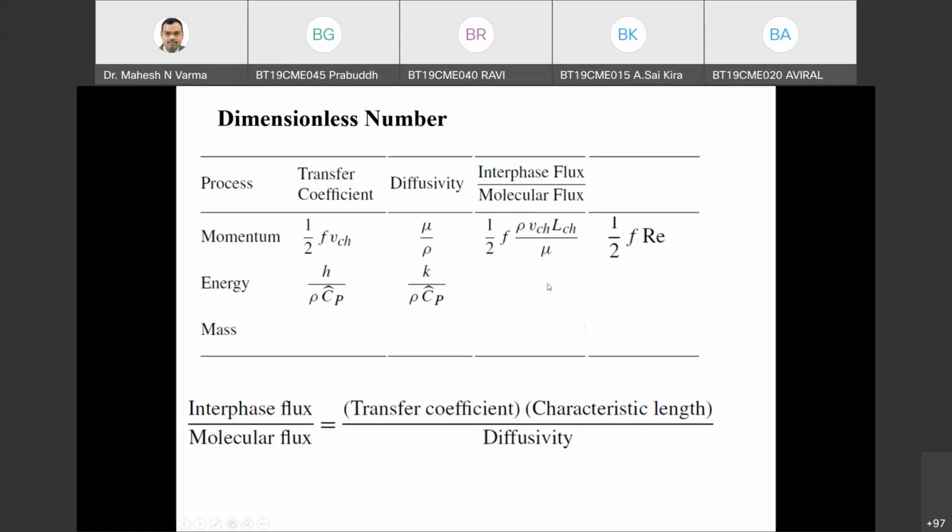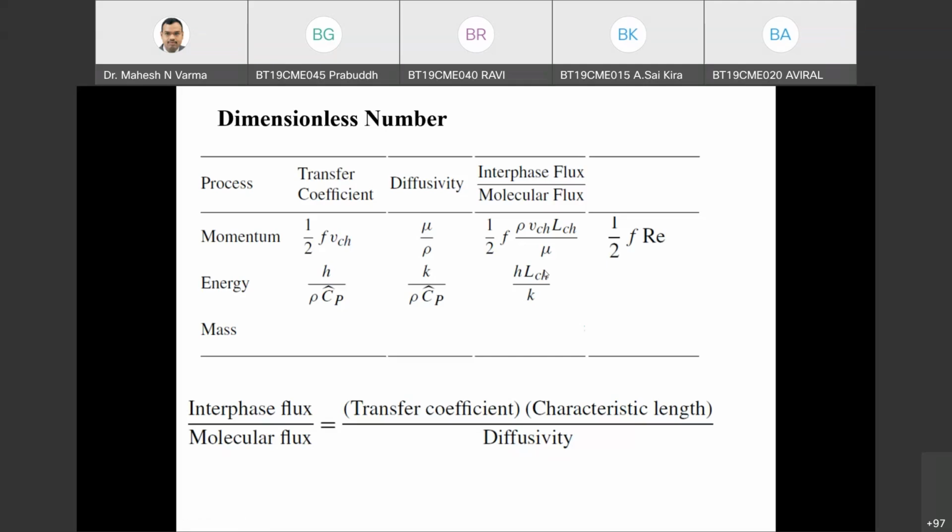Similarly, in heat transfer, the transfer coefficient will be h by rho Cp and diffusivity will be k by rho Cp. So the ratio of this will be hL by k. This L_CH is the characteristic dimension of flow. When we are discussing flow through a pipe, the characteristic length will be the diameter of the pipe. Similarly, for flow over a flat plate, it will be the length of the plate parallel to the flow.